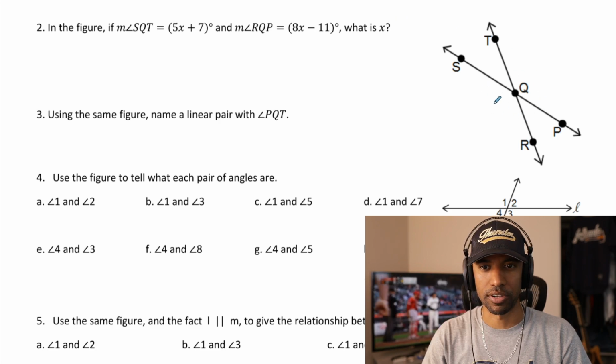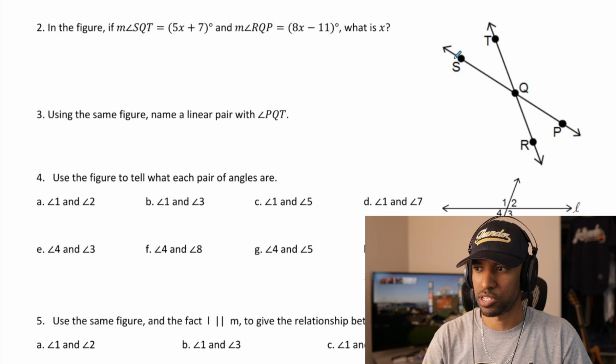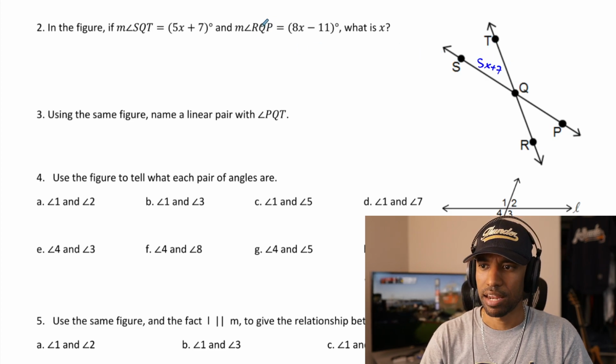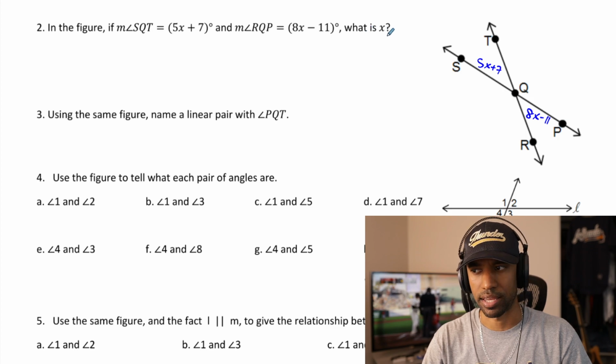All right, number two. In this figure, if the measure of angle SQT is 5x plus 7 degrees, and the measure of angle RQP is 8x minus 11 degrees, then what is x?